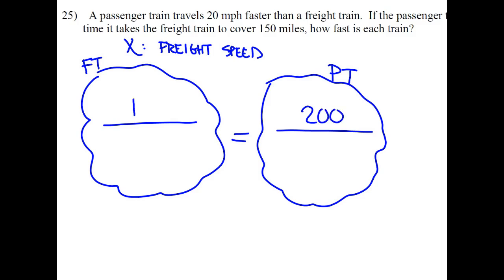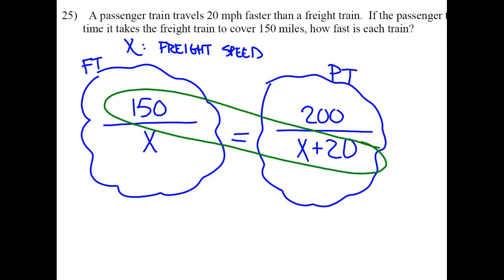The freight train went 150 miles. Now we need to know how fast it was going. Well, one of them was going 20 miles an hour faster than the other. That's all we know. So if the freight train is X fast, the other one is X plus 20 fast. There we go. Have that set up again. There's our equation. That's how the two are related.